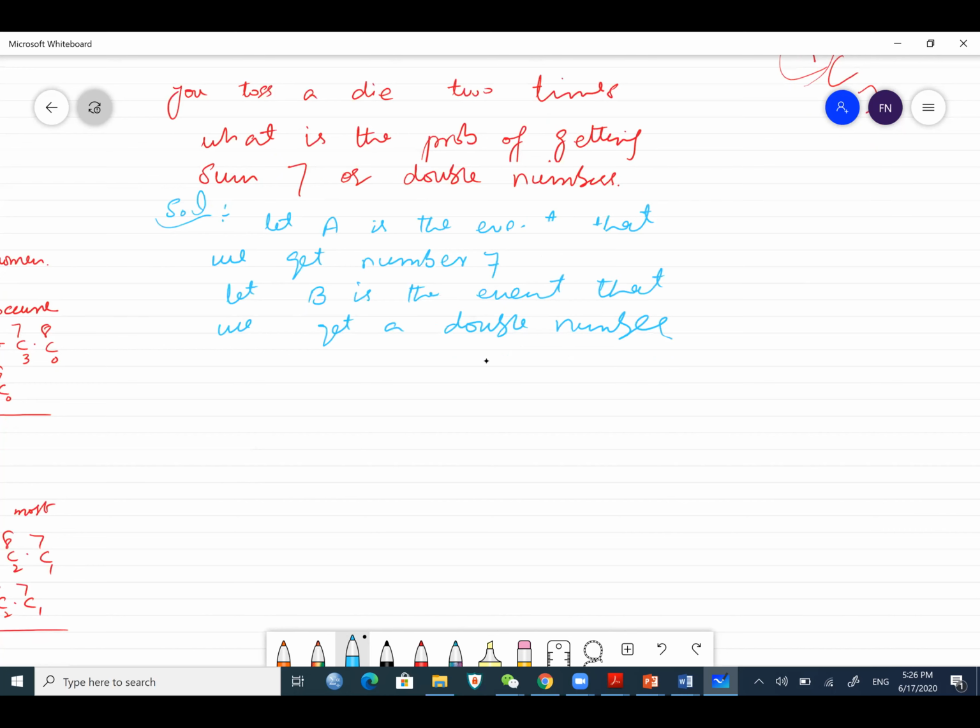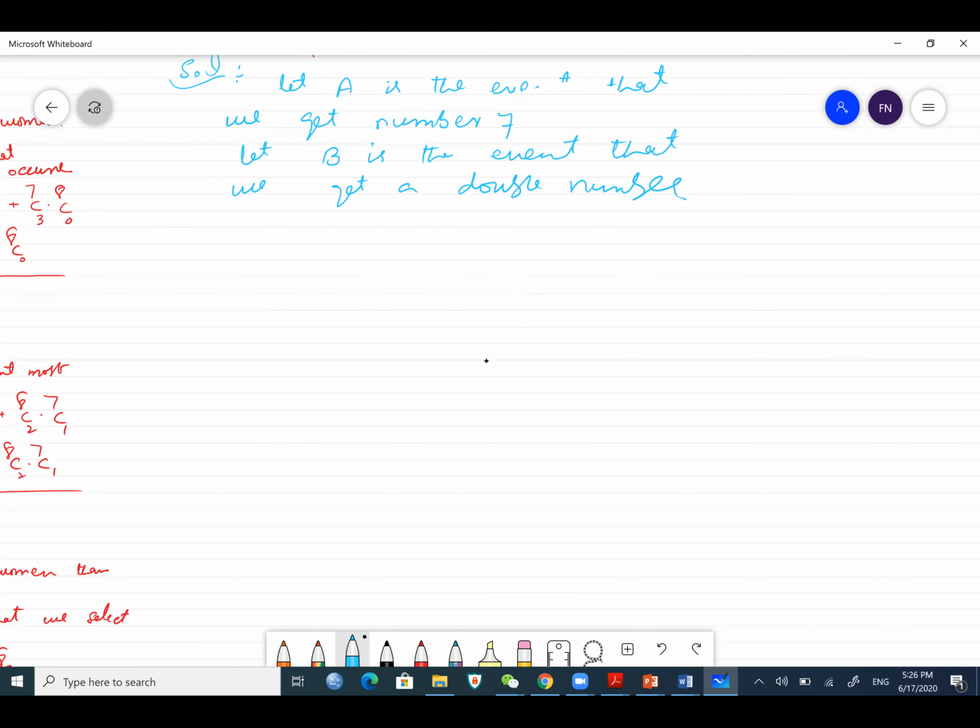Now we list down all the possibilities of getting a 7. If we get 6 on the first die and 1 on the second die, then the sum is 7.